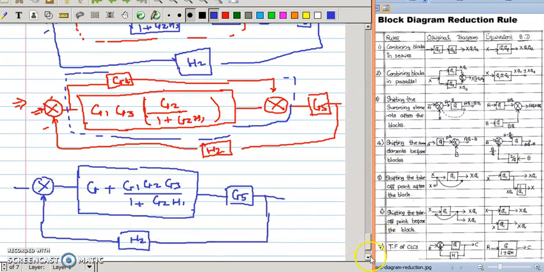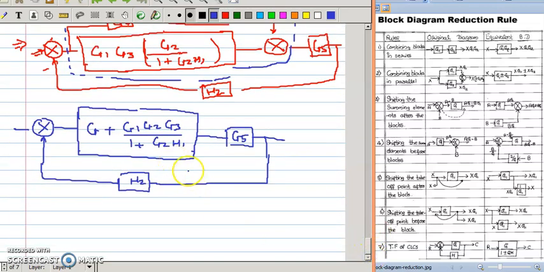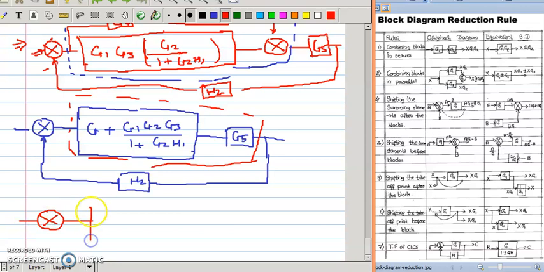Okay. Then what will be the next? Again, see, these two blocks are in series. So again we use the series formula. What is the remaining after series? Both are in series, so just take multiplication. This one is G4, right?